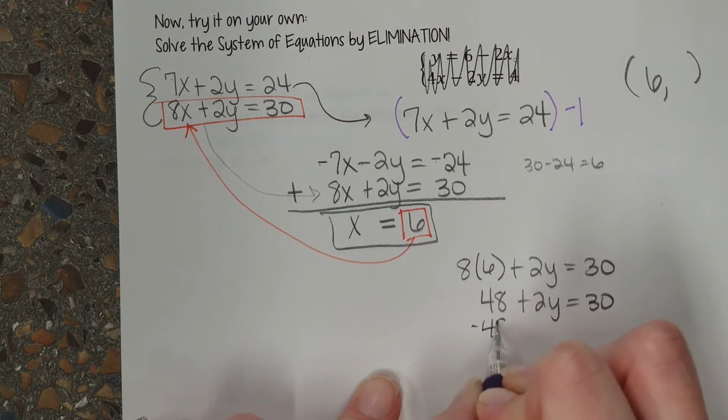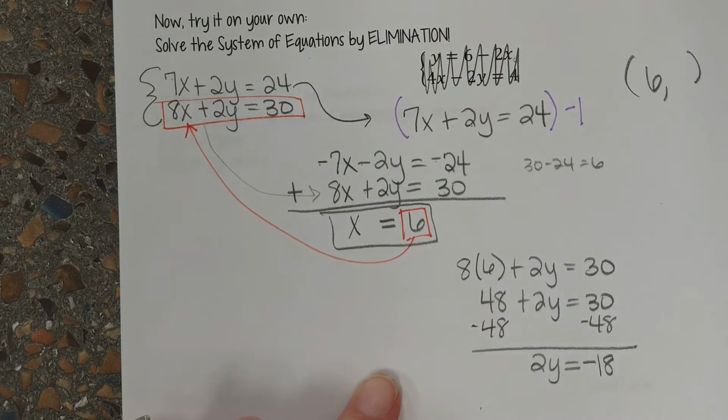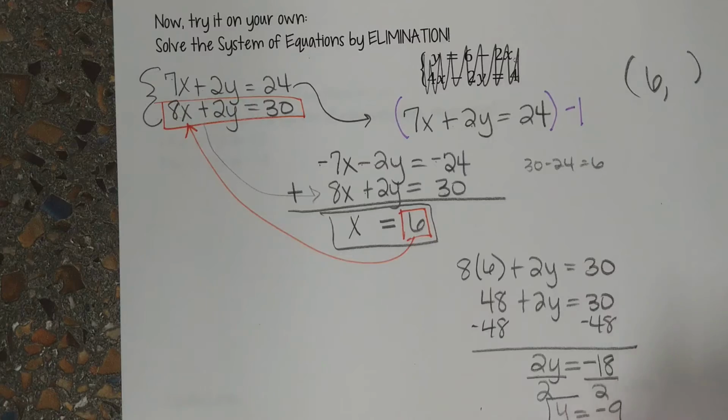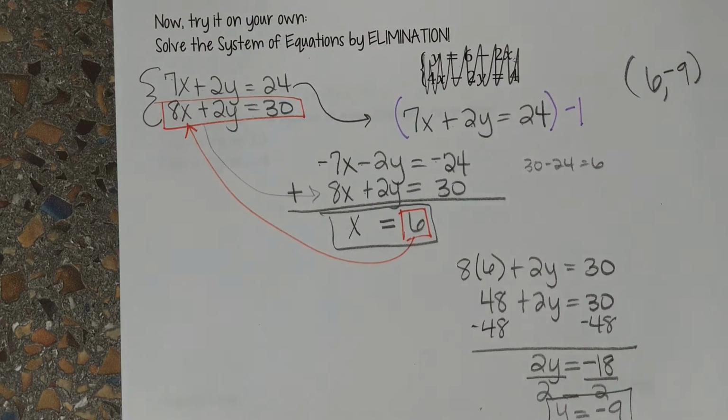Subtract 48 from both sides. 2y equals 30 minus 48 is a -18, because 48 is bigger. And then divide by 2, y equals a -9. So 6, -9 would be the point where they intersect. And if I was to ask you again what quadrant it falls in, my x is positive, but my y is negative, so it would be in quadrant 4.